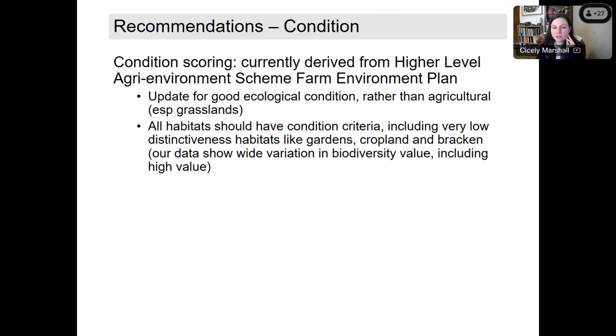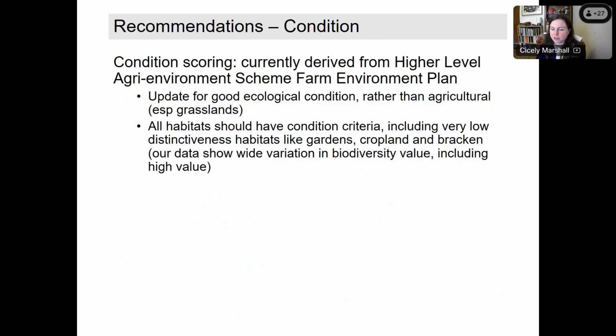On the condition scores, they are currently taken wholesale from the higher level agri-environment scheme farm environmental plan sheets. And the grassland sheet in particular says more about good agricultural condition than good ecological condition.